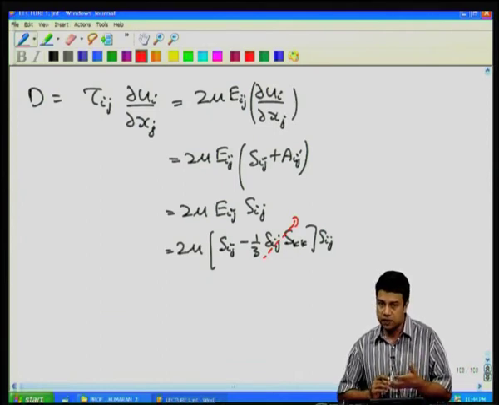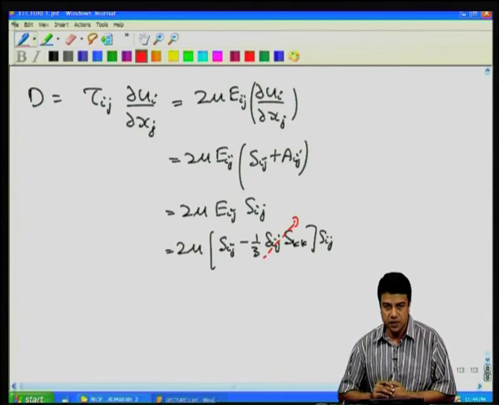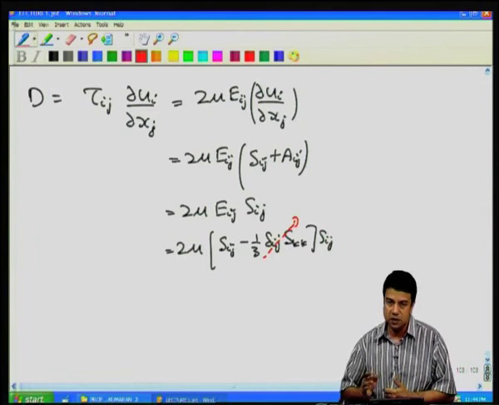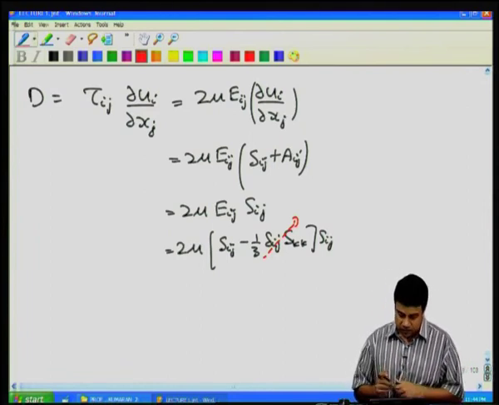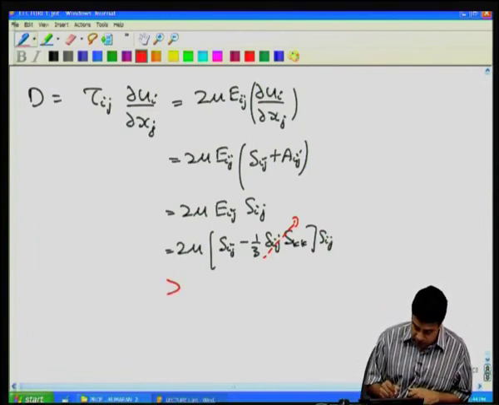Whether the off diagonal terms are positive or negative, the product will always end up being positive. Basically, it is equal to S11 square plus S22 square plus S33 square plus 2 times S12 S21 plus S13 S31 plus S23 S32. So, it will always be positive. So, this is always greater than or equal to 0.